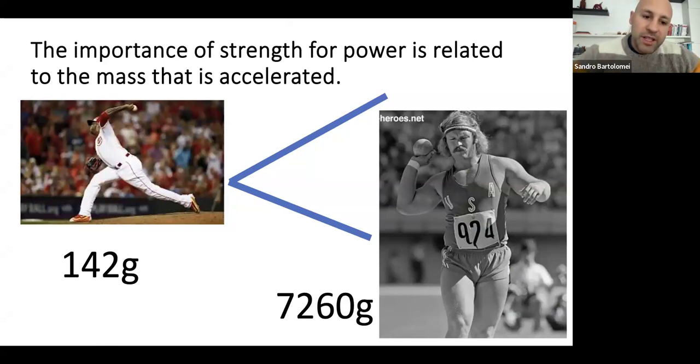If your goal is to accelerate a baseball, which is 142 grams, maximum strength may be quite important, but not as important as for a shot putter who needs to accelerate a 7.2 kilogram shot. So in relation to the amount of mass that should be accelerated, maximum force is more or less important.